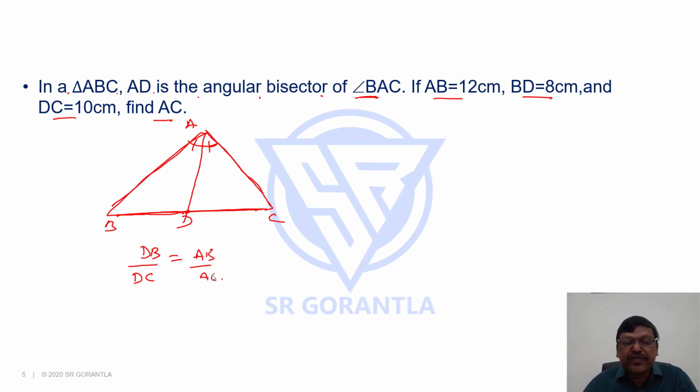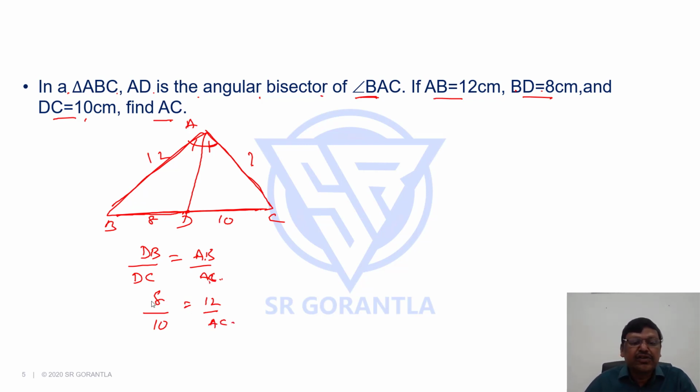Let's substitute the numbers we have here. We know BD or DB is 8, and DC is 10. And we know AB is 12, and we have to find AC.